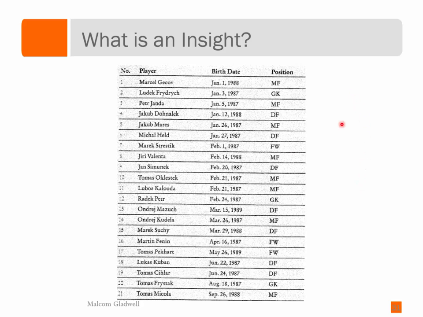We would expect that 1 or 2 players would be born in each month of the year. 1 or 2 in January, 1 or 2 in February, March, April, May, June, July, August, September, October, November, and December should each have 1 or 2 players represented in each of those months. Yet we don't see that at all.